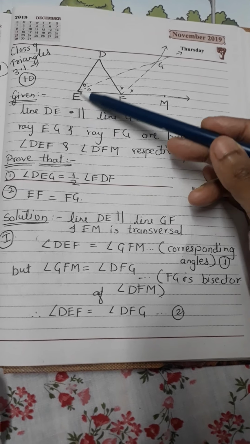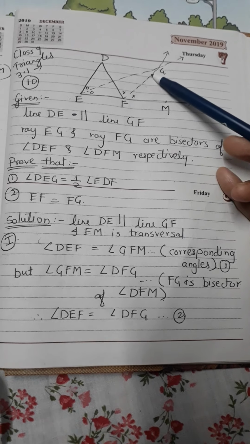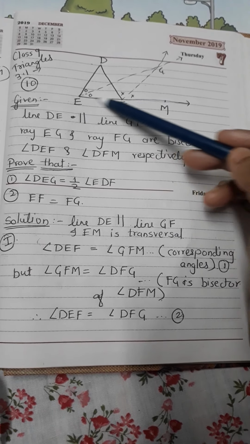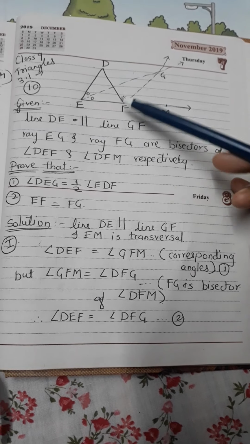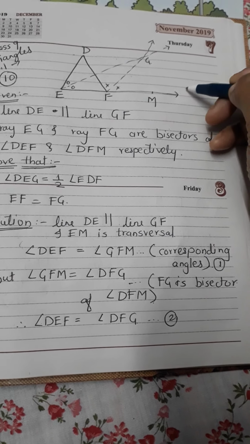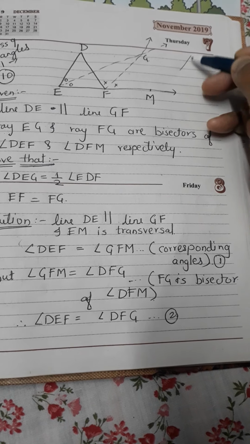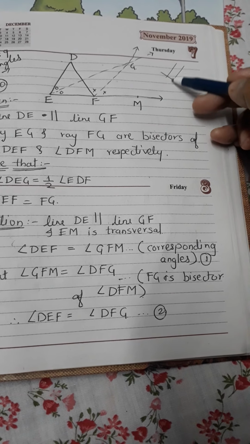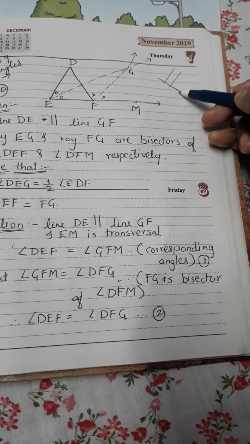Now what I am doing, I am taking EM as a transversal. These are the two parallel lines. So how will the diagram be? It will be like this, and like this. So these are the parallel lines and this is the transversal.